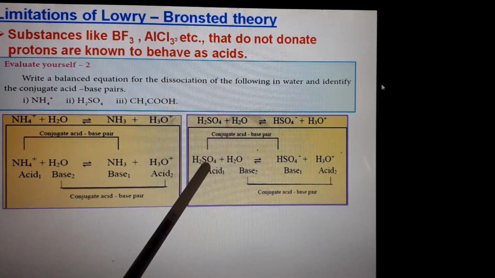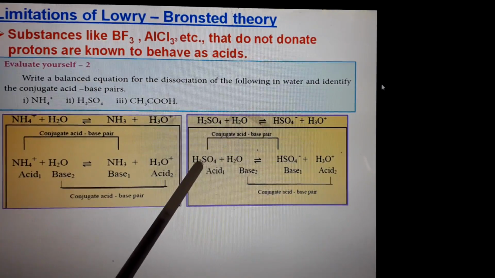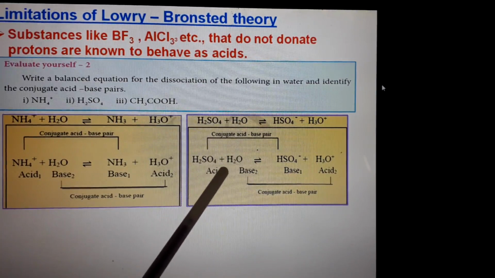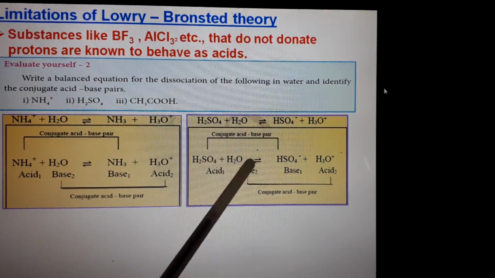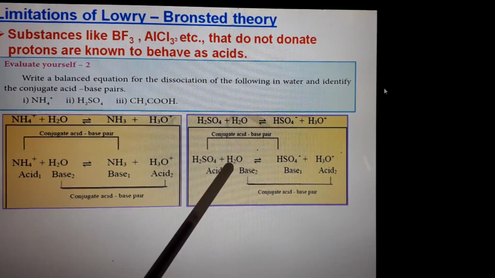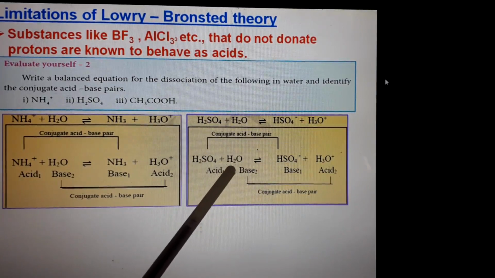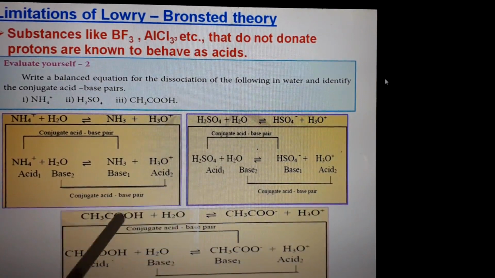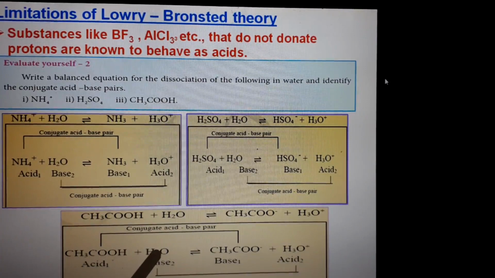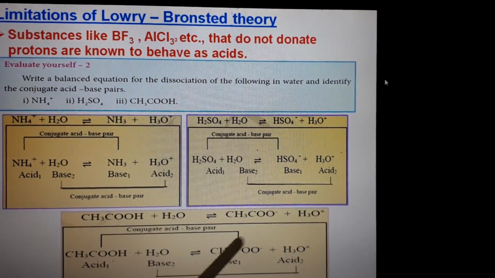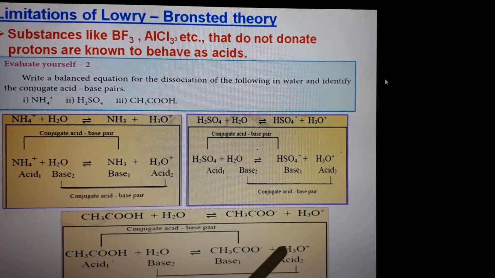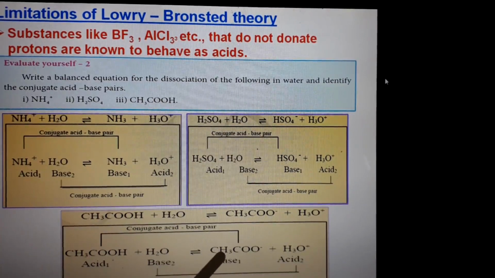H2SO4 releases the H plus ion, and it is added to the water molecule. So these are the solutions. Another one is acetic acid. Acetic acid releases H plus ion and, added to H2O, gives H3O plus ion. These are the conjugate acid base pairs. Okay, understand?